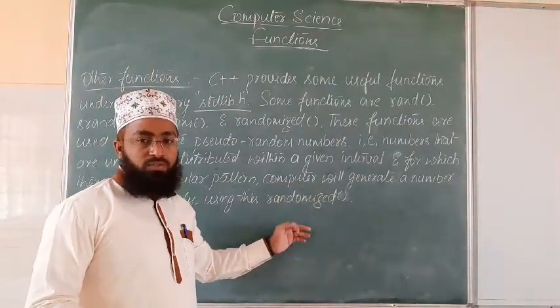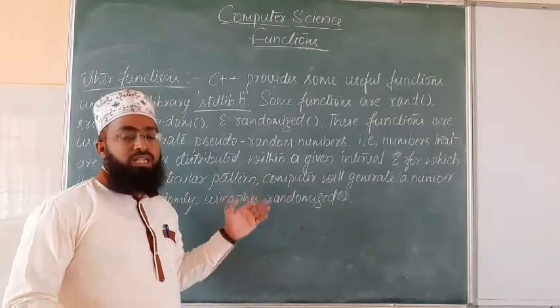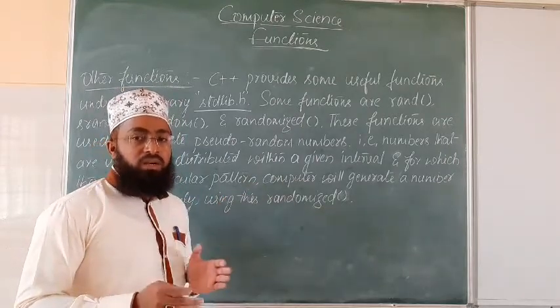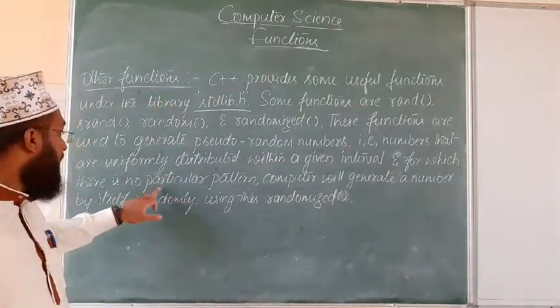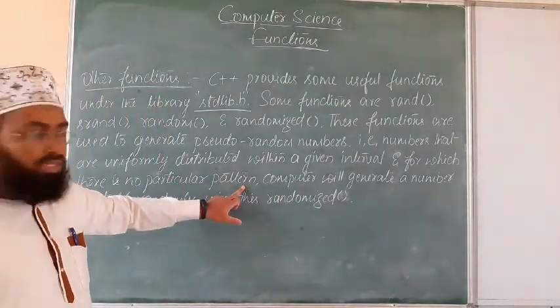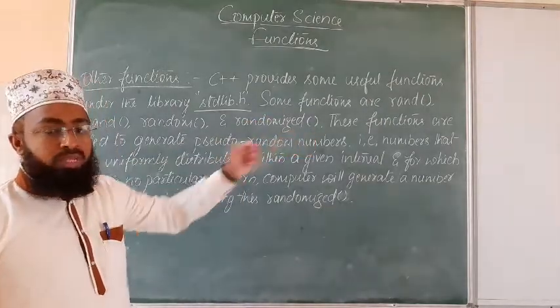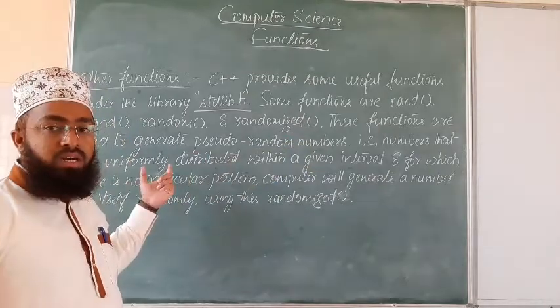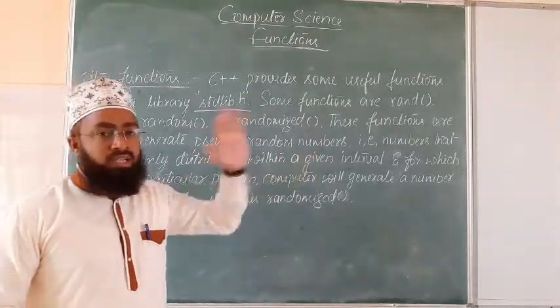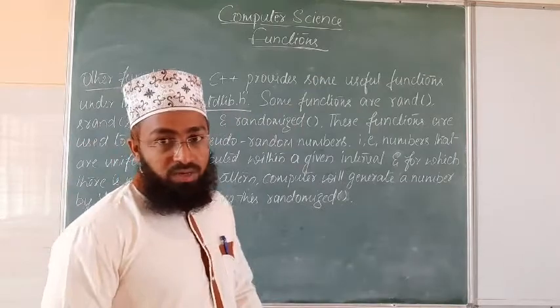By using the randomize function, the computer will generate numbers in a given interval which do not have any particular pattern. These functions are used to generate pseudo-random numbers, that is, numbers that are uniformly distributed in a given interval.